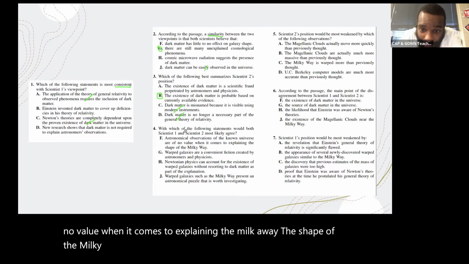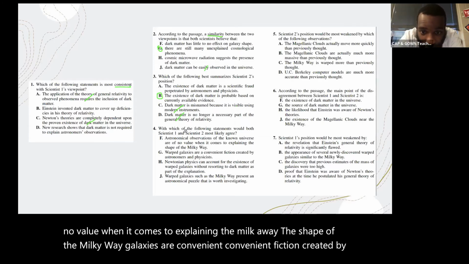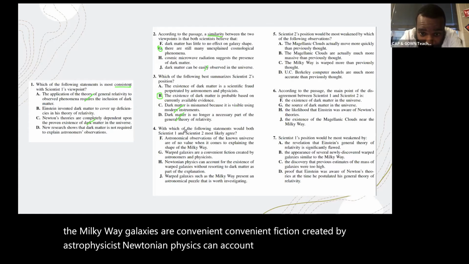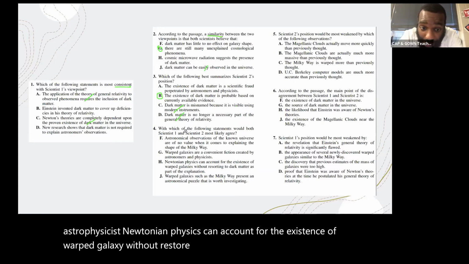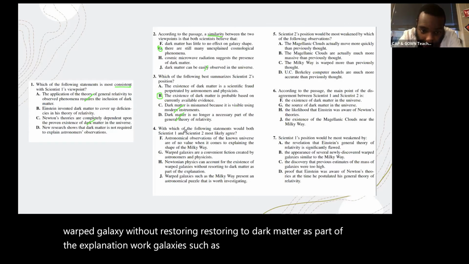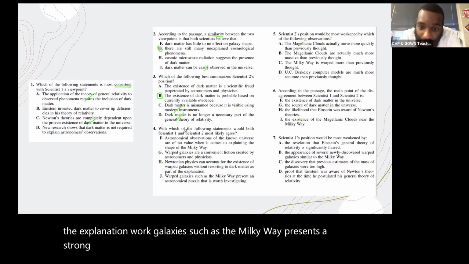B, warp galaxies are convenient fiction created by astronomers and physicists. C, Newtonian physics can account for the existence of warp galaxies without resorting to dark matter as part of the explanation. D, warp galaxies such as the Milky Way present an astronomical puzzle and are worth investigating.